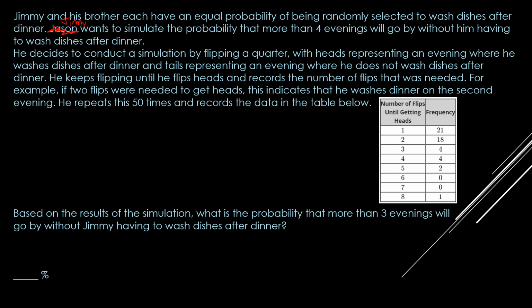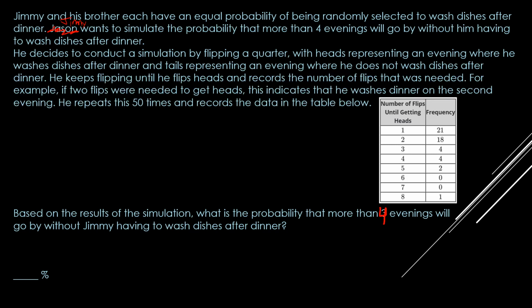For example, if 2 flips were needed to get heads, that indicates he washes dishes on the second evening. He repeats this 50 times and records the data in the table below. Based on the simulation, what is the probability that more than 4 evenings will go by without Jimmy having to wash dishes after dinner? Okay.